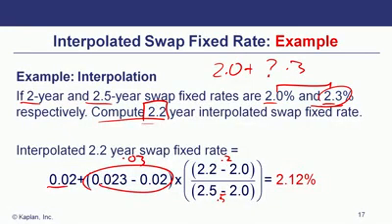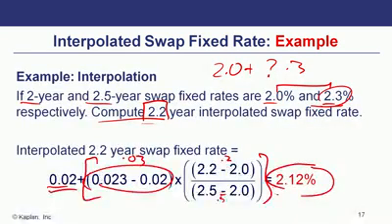So 0.2 over 0.5, whatever percentage that is, times 0.03, this is what we're adding to the shorter term rate to get this 2.12. All right, so interpolation, I can see this showing up on the exam because somebody's getting, we'll say, retentive. Anyway, but this is how we would do it.